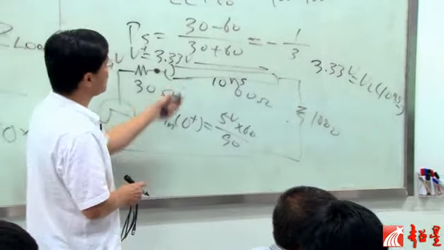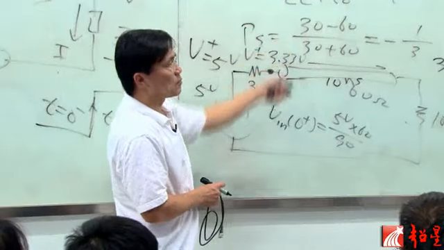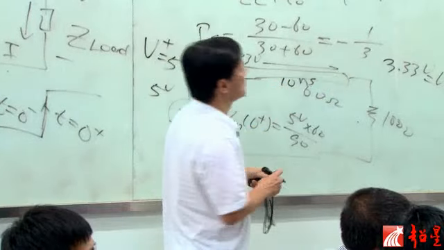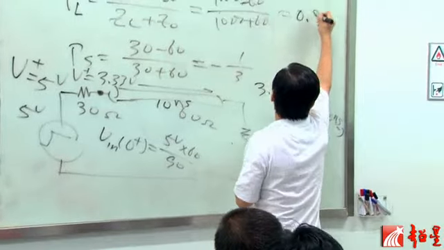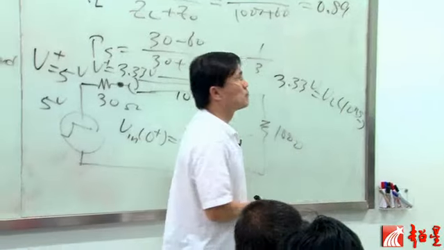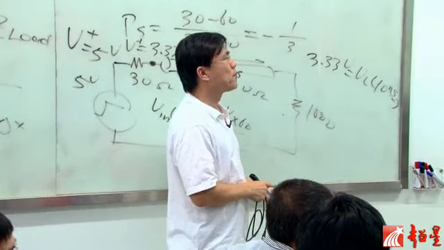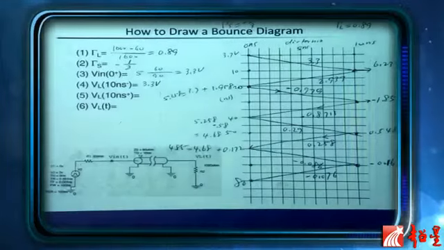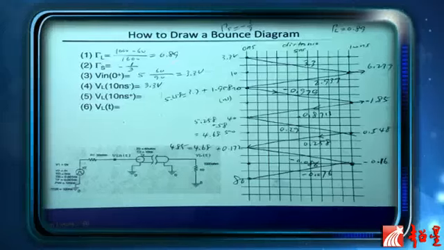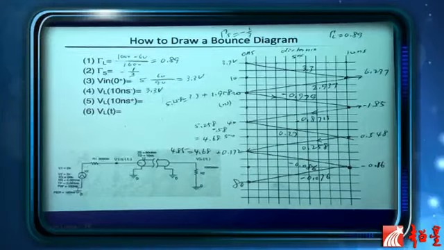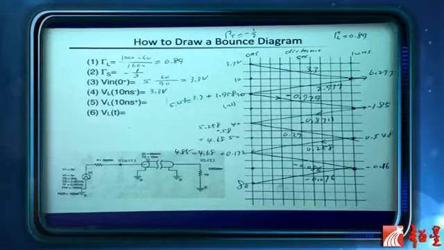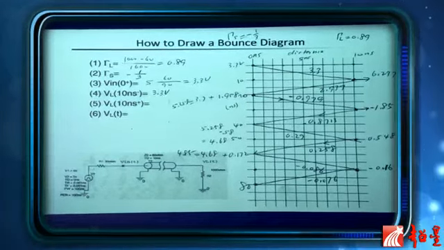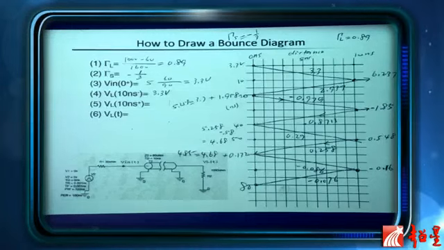What's the reflection coefficient? It's this number. What is that number? 0.89. That number is not correct. But probably this number is probably correct. Does anyone have a calculator? (1,000 minus 60) divided by 1,060.